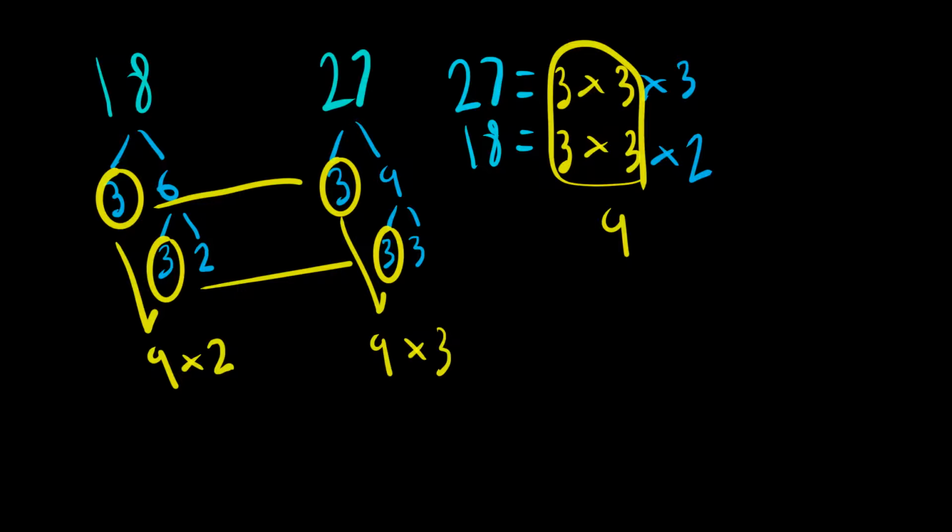Now let's go over comparing some common multiples that they both share. Multiples of 27 are basically 27 times any whole number.